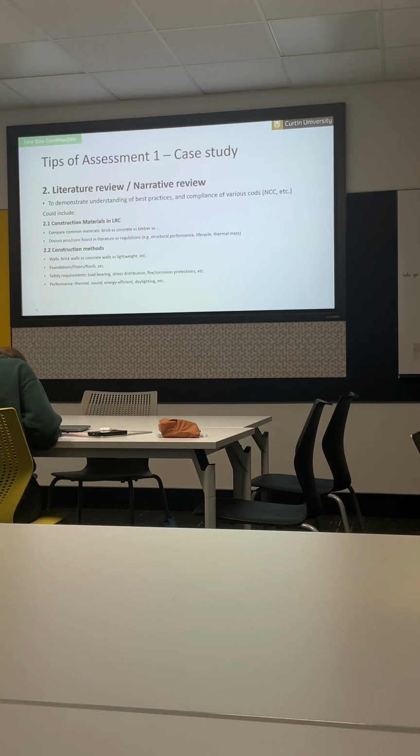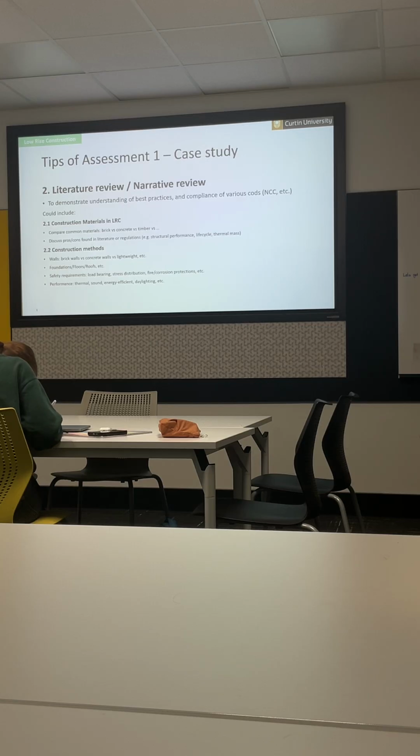Then you could follow with the safety requirements. You have already learned the load bearing, the stress distribution, the fire and corrosion protection. All of these are related to the safety requirement. It will explain what you will do to improve safety when you are constructing using the materials.